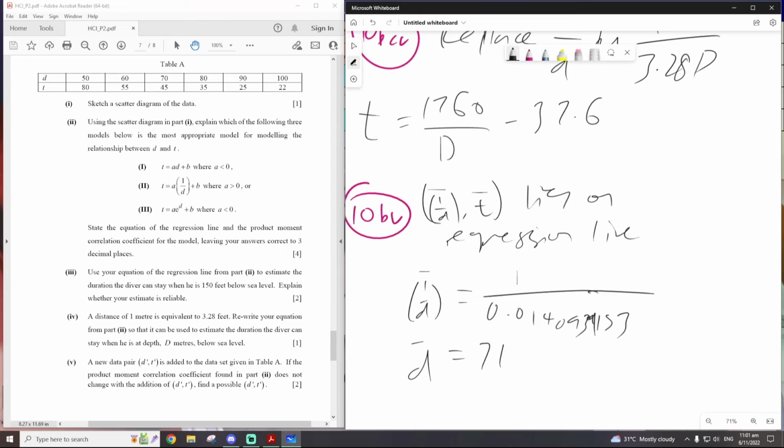D bar is 71.0, 3SF. And the corresponding t bar you can find also. Actually, I should write d prime, t prime. T prime, once again, you can find the value of t that corresponds to this value of d using the regression line. And if you do that, you'll get 43.7.